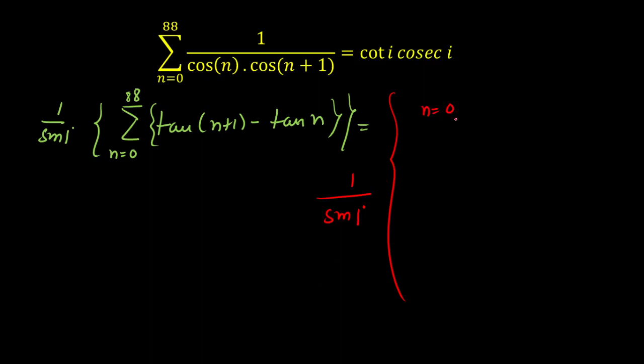Let's put n equal to 0. We get tan of 0 plus 1, that is tan of 1 degree, minus tan of 0 degree.